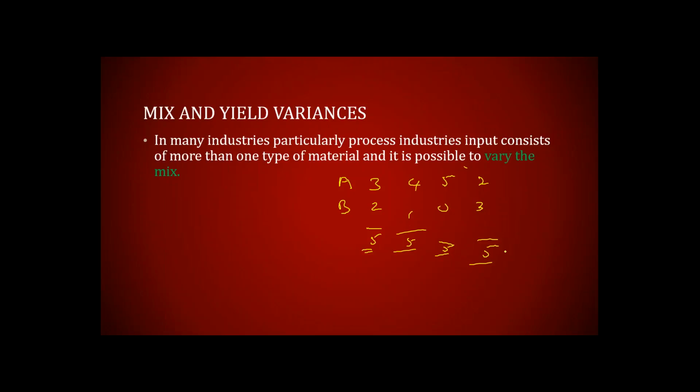And of course, arising from that variance, it may have an impact upon your output. Output is what we call the yield. The yield can be affected because if you put more low quality material at a cheaper price, you may get an output which is not of the same quality, and therefore there may be a lot of wastage, and you may have to spend unnecessarily.